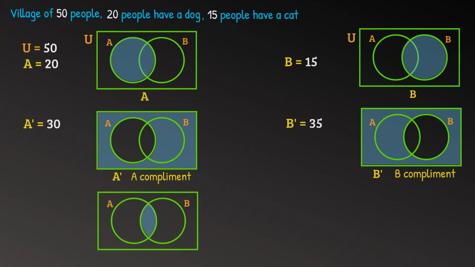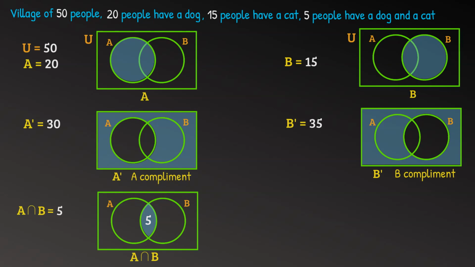But what about this little area in the middle where the circles intersect? Well, this is called A intersect B, and it represents all the people who have a dog and a cat. Well, if we know 5 people have a dog and a cat, then we can write 5 in this area, and now we can write numbers in the other areas too.